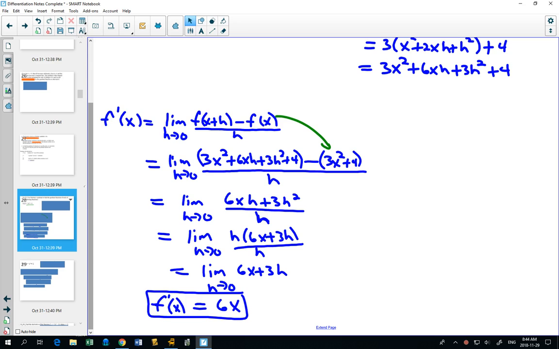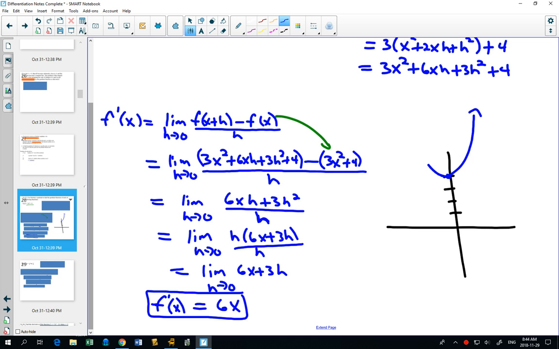What does that mean? Okay, we started off with 3x squared plus 4. That's something that you know how to graph. It's a parabola with a vertex at (0, 4), going up like this.